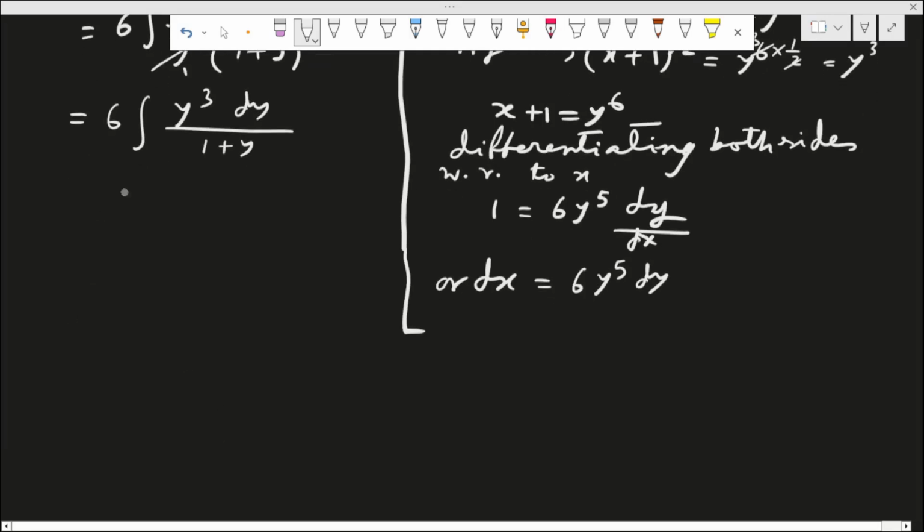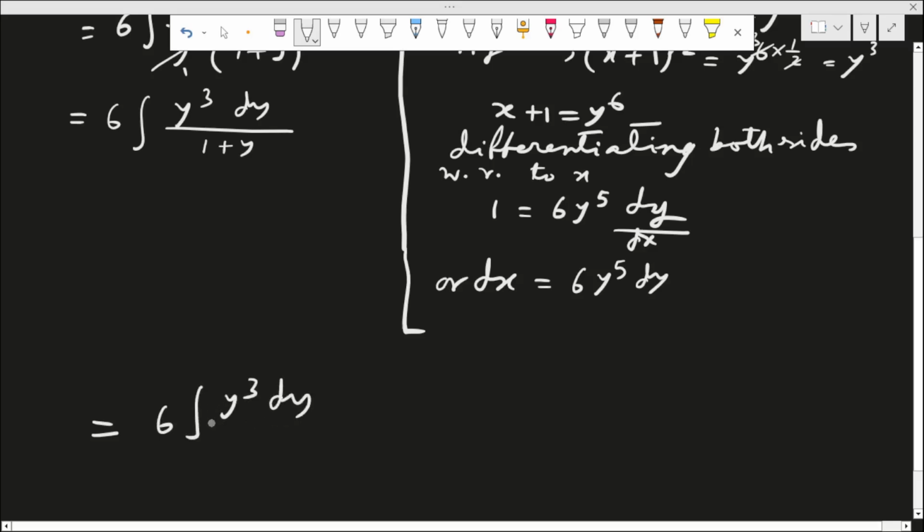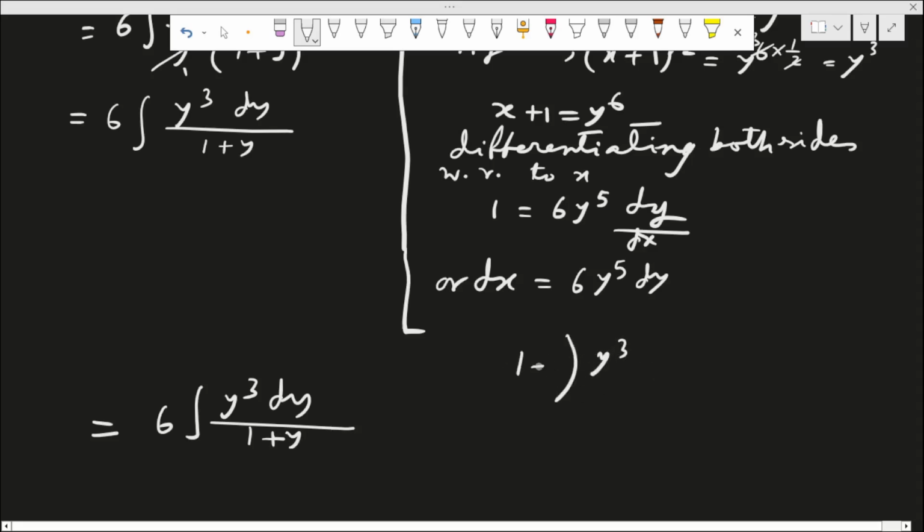Writing this step again: equal to 6 integration y cube dy by 1 plus y. Now let us divide y cube by 1 plus y, a simple division.